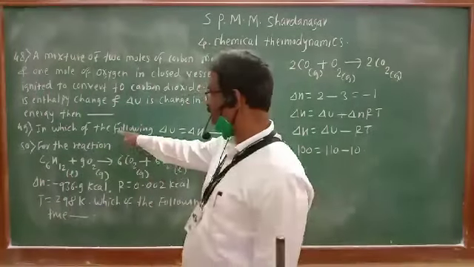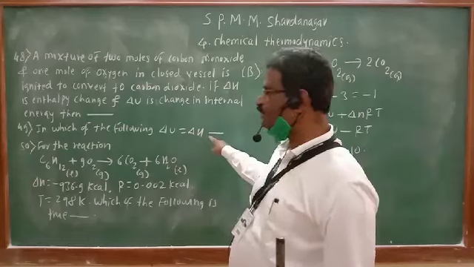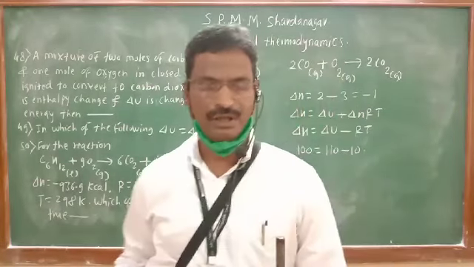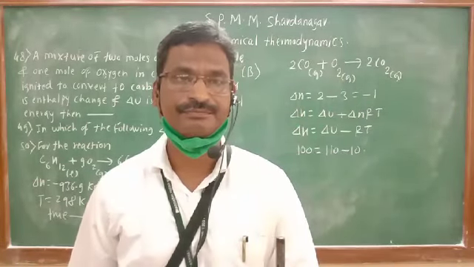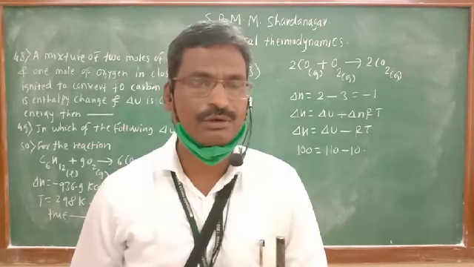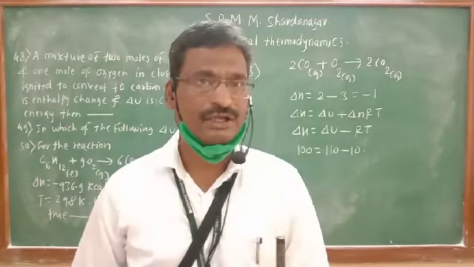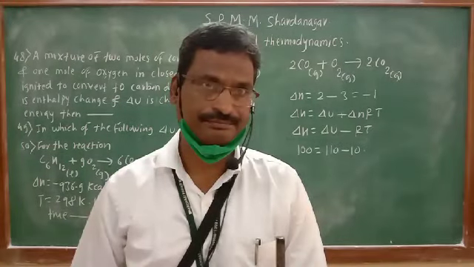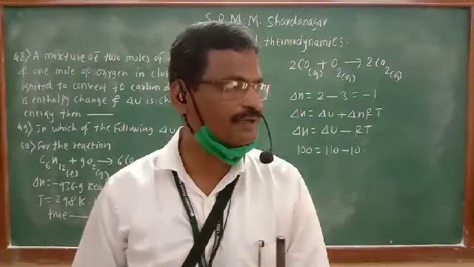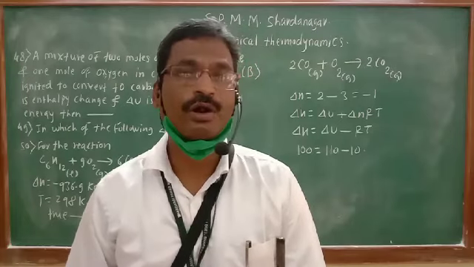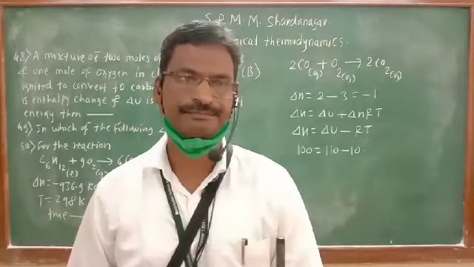Now the next question: in which of the following is delta U equal to delta H? I have told you the conditions for which delta H is equal to delta U. First condition, n2 is equal to n1: the number of moles of gaseous reactant must be equal to the number of moles of gaseous product.